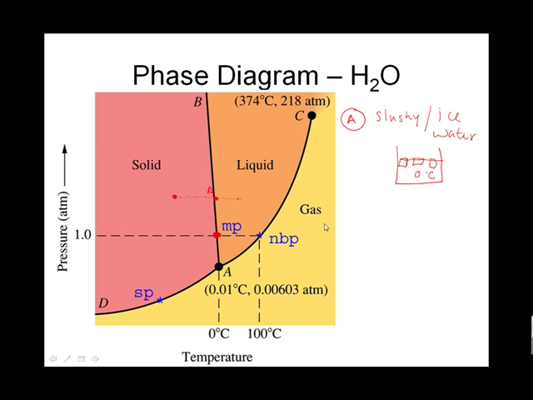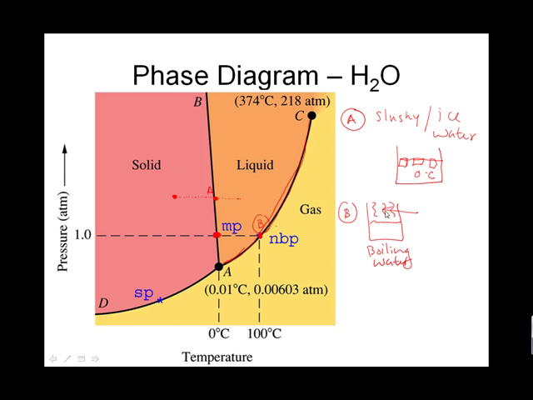So now, if I was along this line, what does my material look like? Over here. And so this is going to be my point B. Point B, what does my material look like? It looks like boiling water.